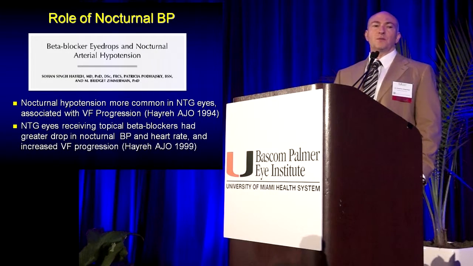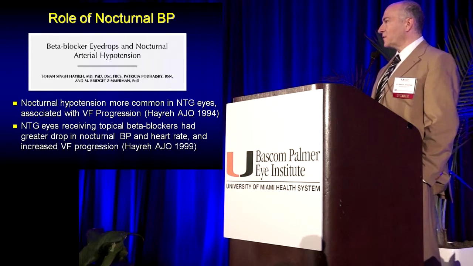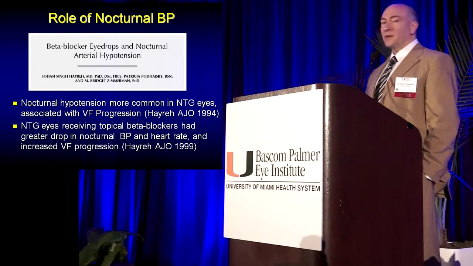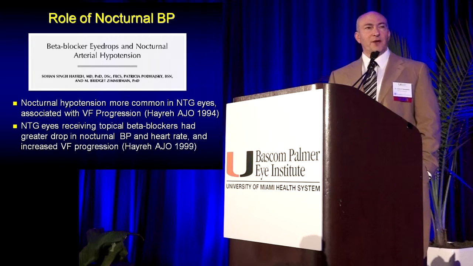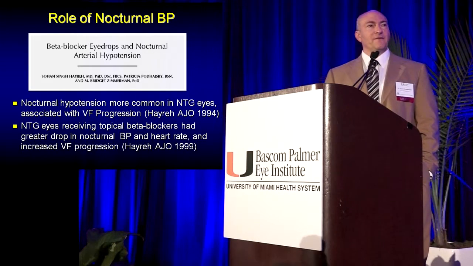Well, nocturnal blood pressure has been identified as an important risk factor for glaucoma progression for a number of decades. From the work of Hayreh and others in Iowa, we know that those patients who have so-called normal tension glaucoma have a very high proportion of nocturnal dips in their blood pressure.